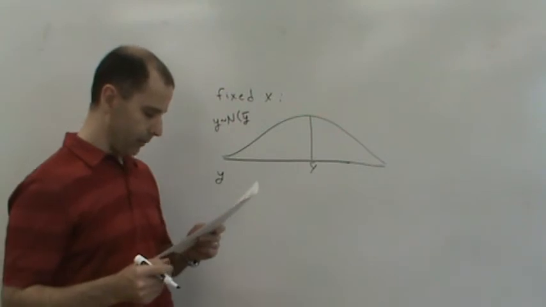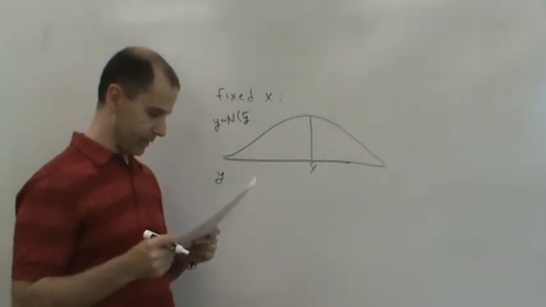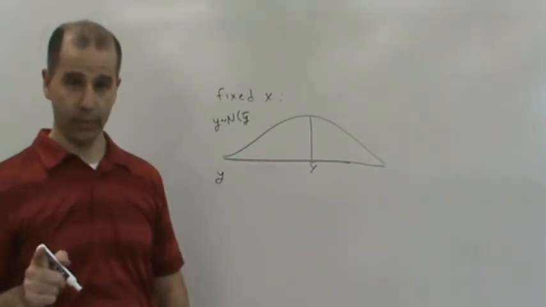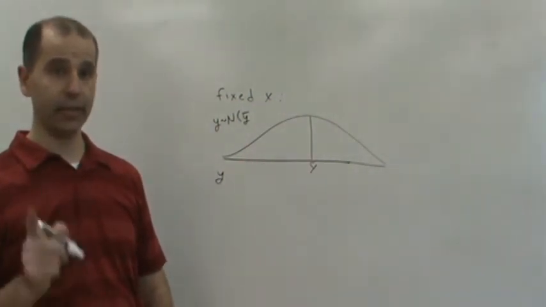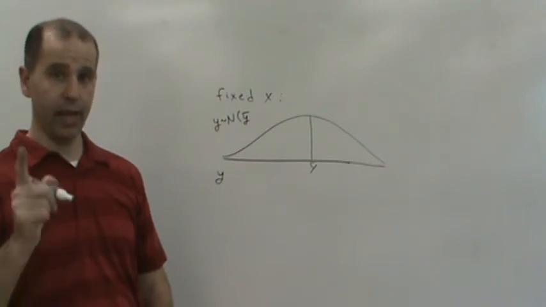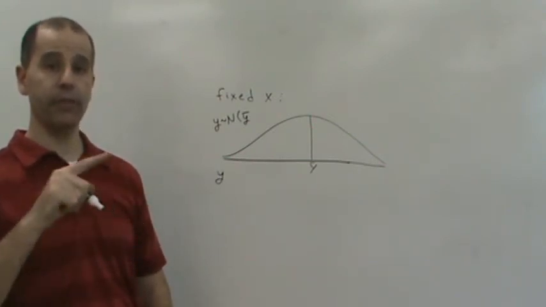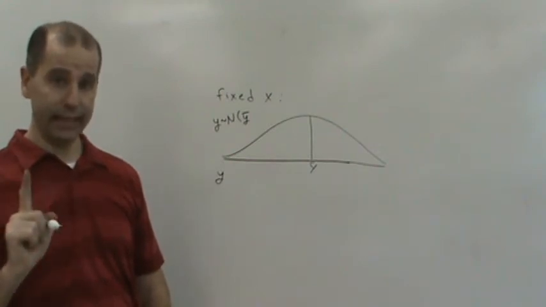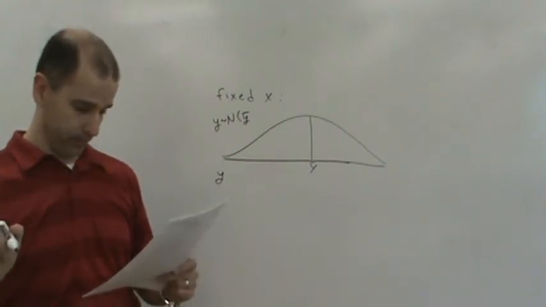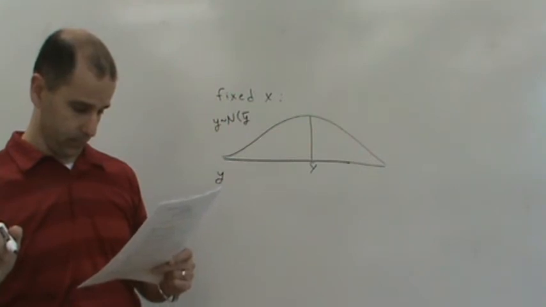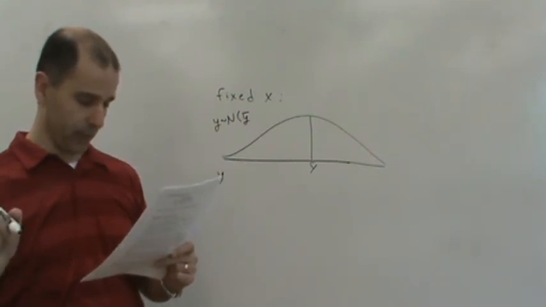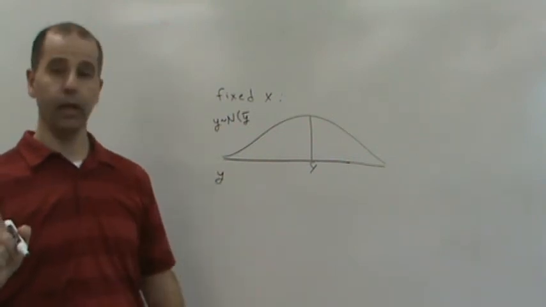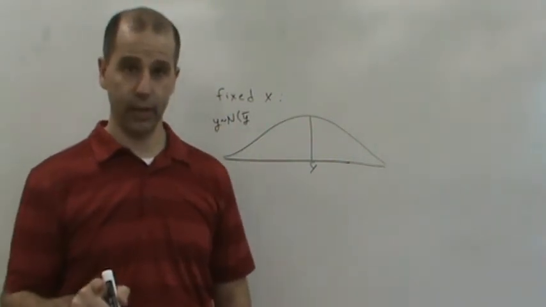The next assumption is that the standard deviations of the y values, again for a particular fixed value of x, will be the same regardless of the value of x.